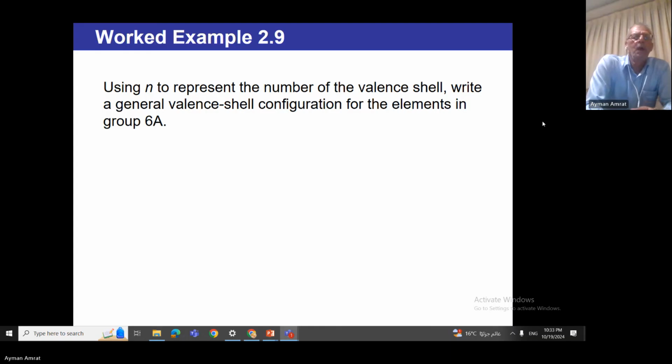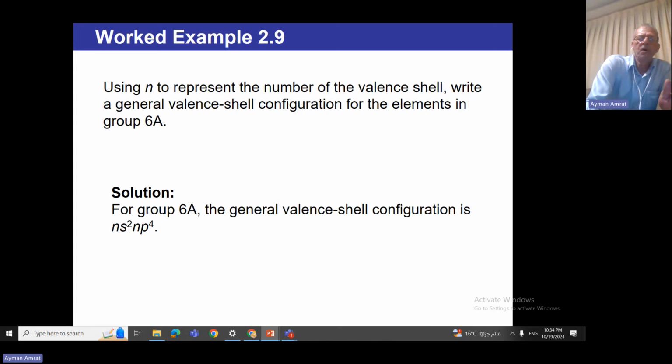For group 6A, the number of valence electrons is 6: 2 in s and 4 in p. So ns2 np4 is the general formula for the electronic configuration of group 6A.